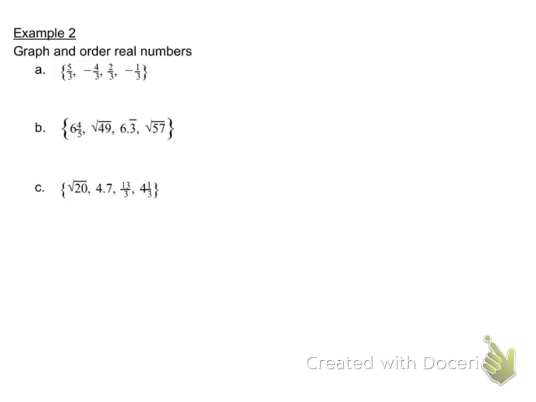Now, here's the problem. How many of us know what 5/3, -4/3, 2/3, and -1/3 are? Just off the bat. Do we know what those values are? Can we put those in order? I'm actually hoping that most people can say, yes, I can put them in order, even though I don't know what they are as decimals.